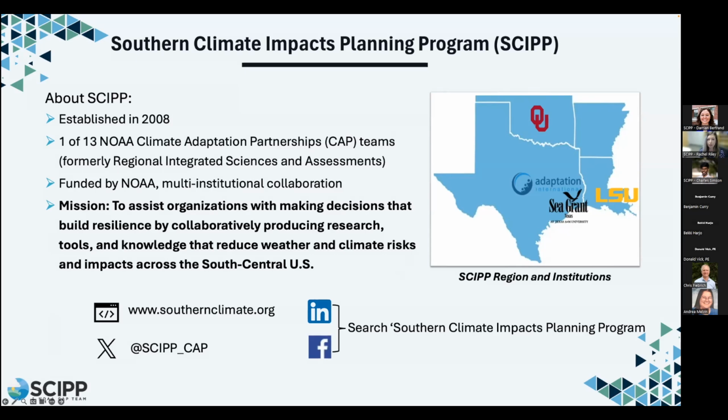And our primary institutional partners are University of Oklahoma, Louisiana State University, Texas Sea Grant at Texas A&M, and Adaptation International. We're part of the NOAA Climate Adaptation Partnerships program, formerly called RISA, and our website is southernclimate.org if you haven't visited it before. And then we're also on a couple of social media platforms, X, LinkedIn, and Facebook.